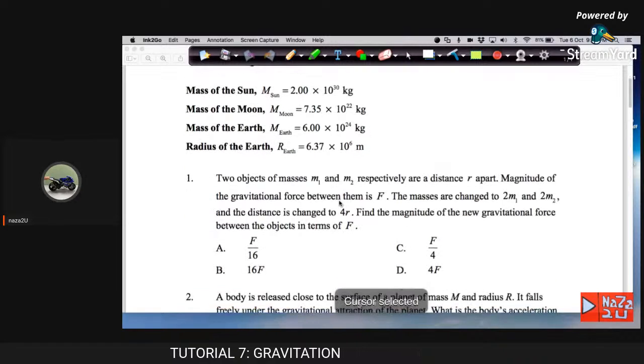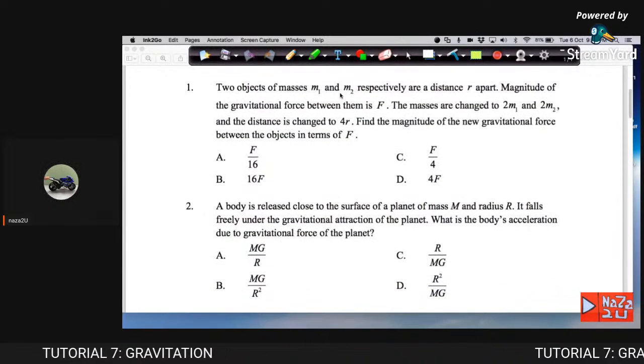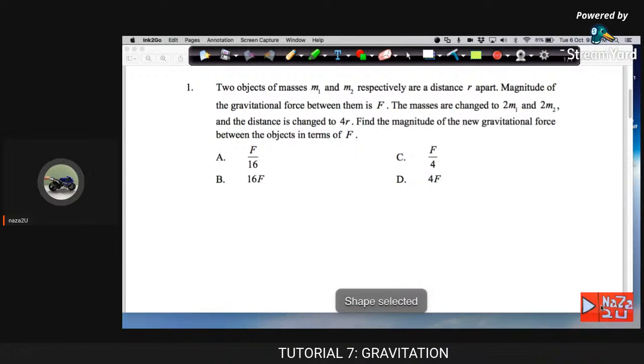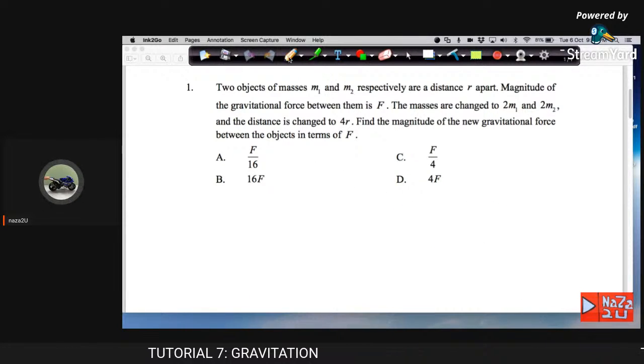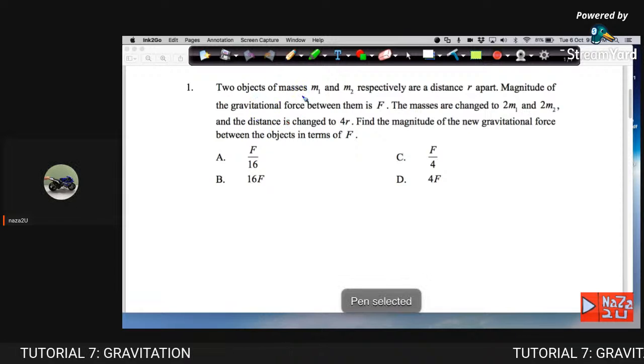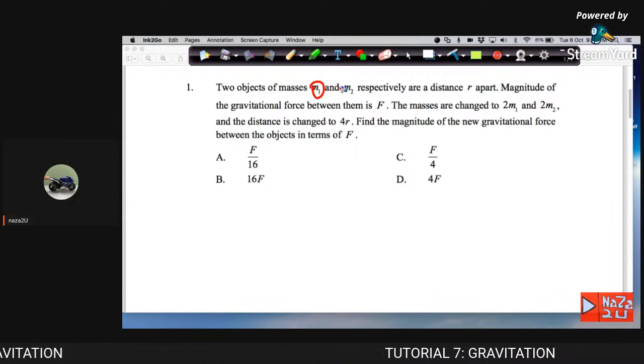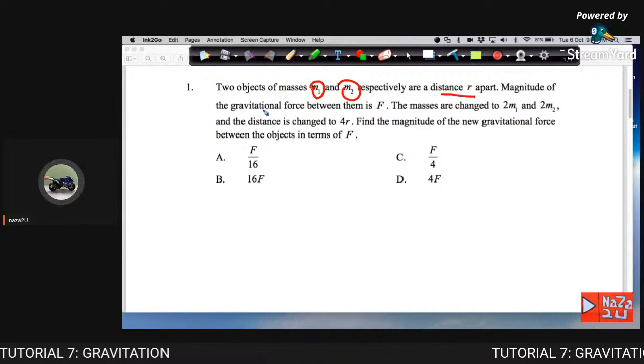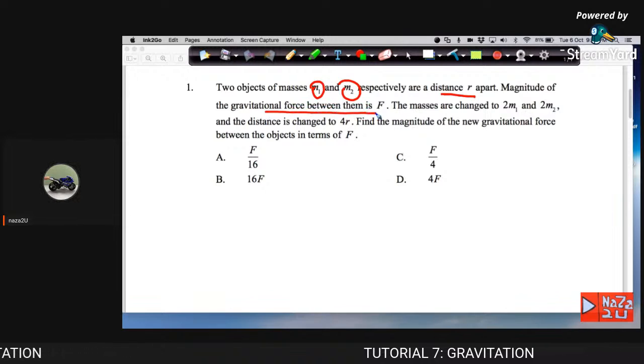We go to the first question, question number 1. Two objects, mass m1 and m2 respectively, are distance r apart. Magnitude of gravitational force is F. Right?